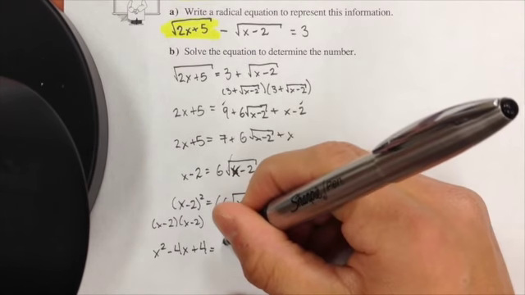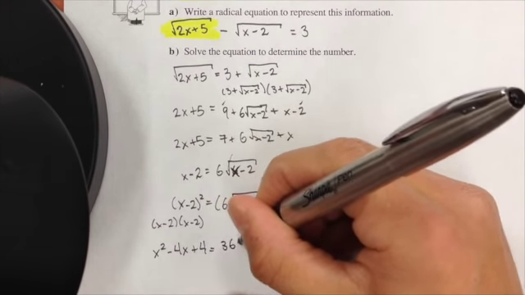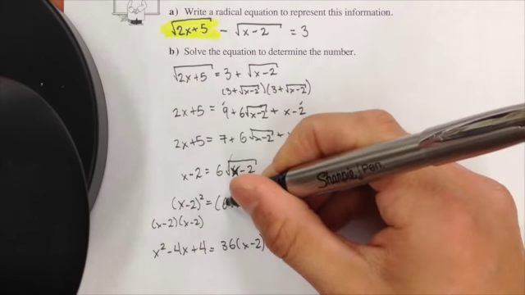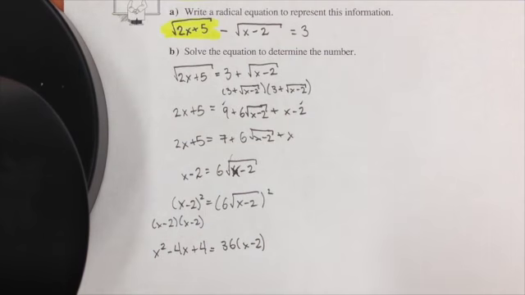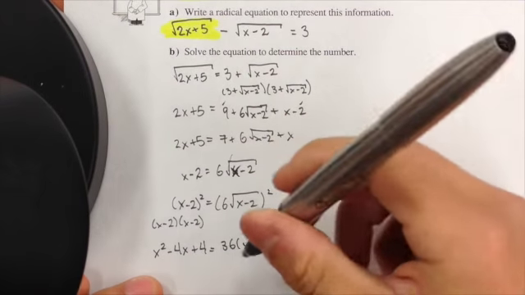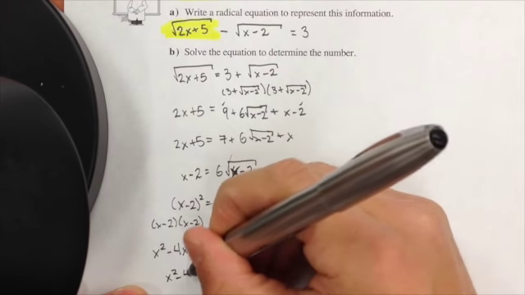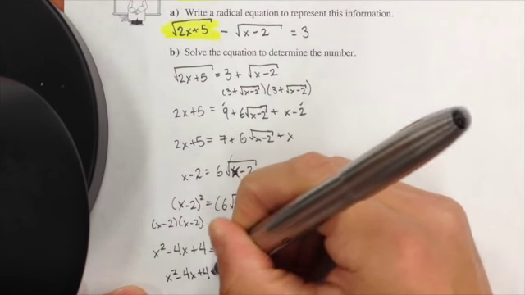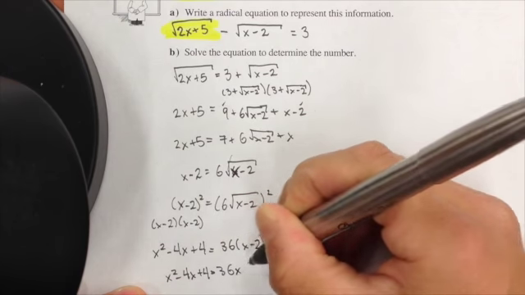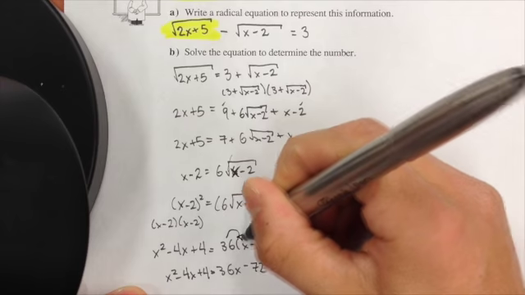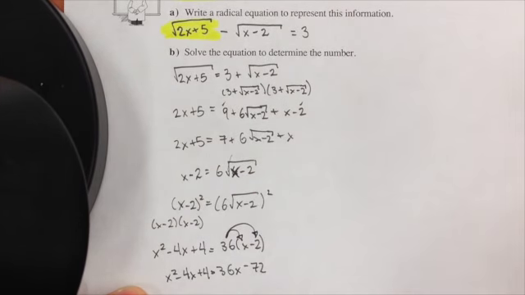And that's going to be equal to 36 times x minus 2. Now I'll expand that second term: 36x minus 72. I just multiplied that, and I multiplied that.